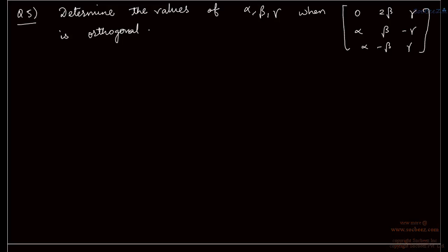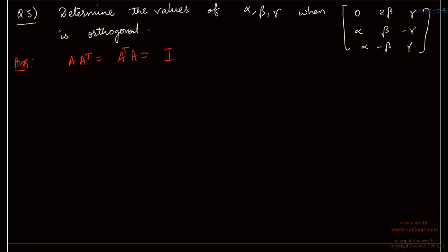What orthogonal means is A transpose into A or A into A transpose, both of them, since an orthogonal matrix is also commutative, so both of them are fine, is equal to I, right? So I have A into A transpose is equal to A transpose into A, which is equal to I, the identity matrix of the same order, right?